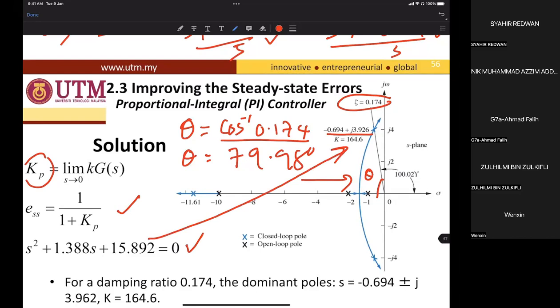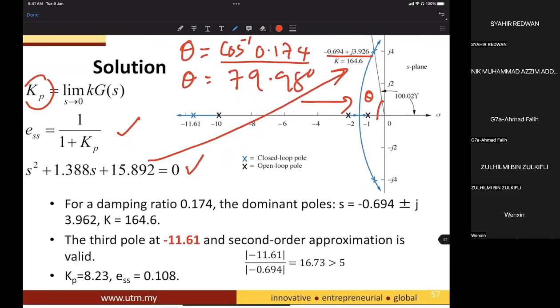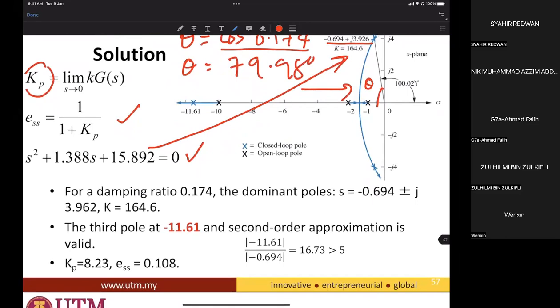So for a damping ratio 0.174, the dominant poles are here, and the gain is 164.6. The gain can be calculated using the substitution of minus 0.694 plus j 3.962 into the open loop transfer function magnitude.